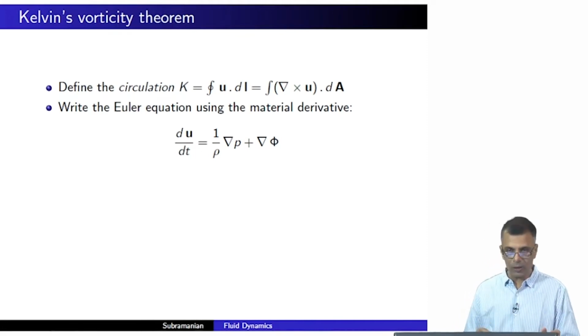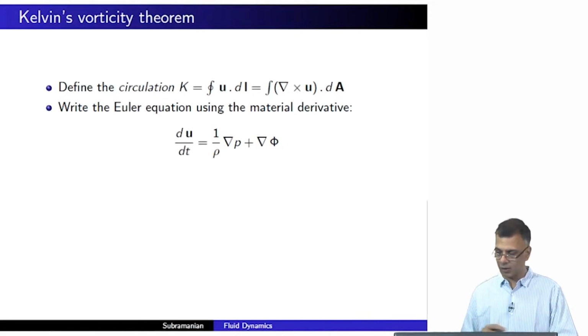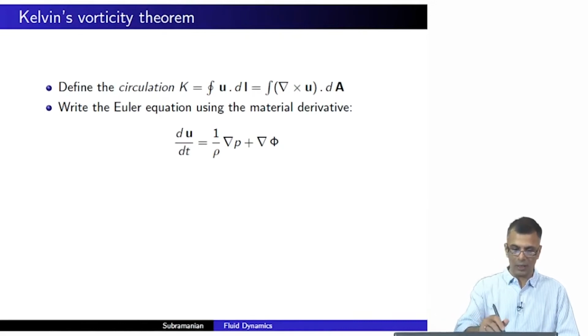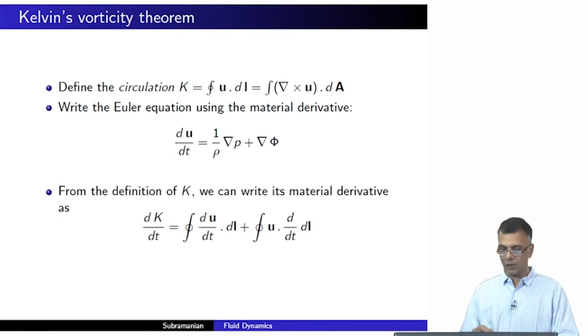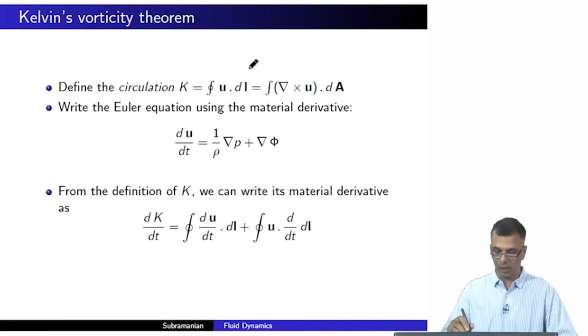So the Euler equation using the material derivative is this, and from the definition of K, you do this operation, u dot dl, all through the equation. And this connection, as you might already have guessed, is made using Stokes theorem.